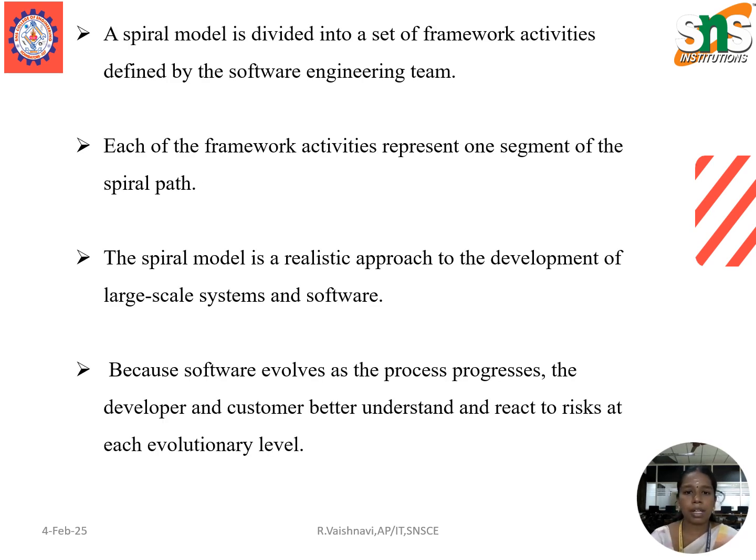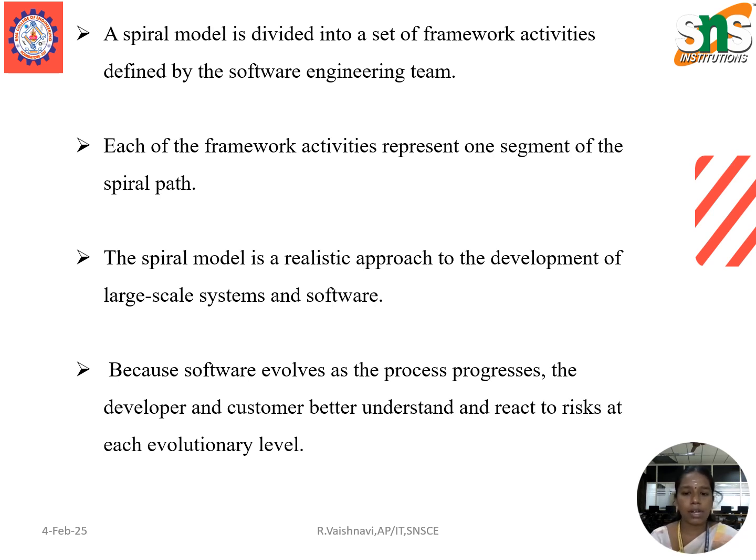The spiral model is divided into a set of framework activities defined by the software engineering team. Each of the framework activities represents one segment of the spiral path. The spiral model is a realistic approach to the development of large-scale systems and software.